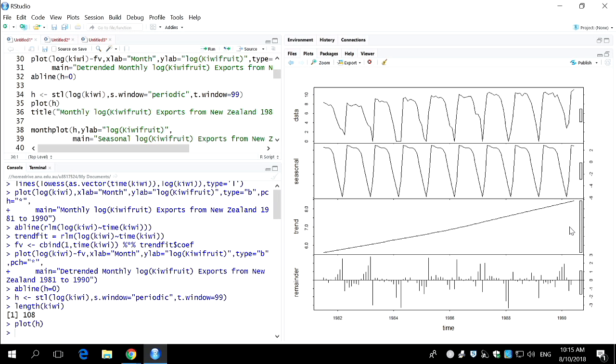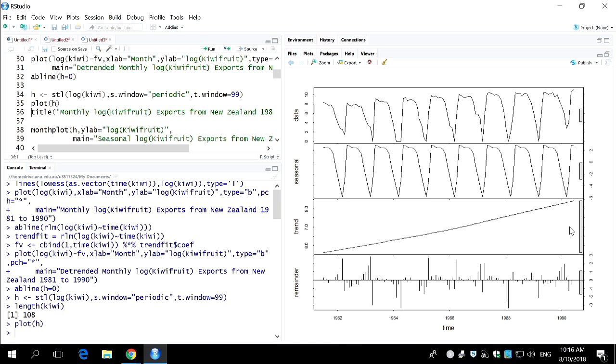So that trend, even though it looks pretty steep, isn't steep at all, because it's been scaled so that it fits in this panel. So it's not as steep as it looks.